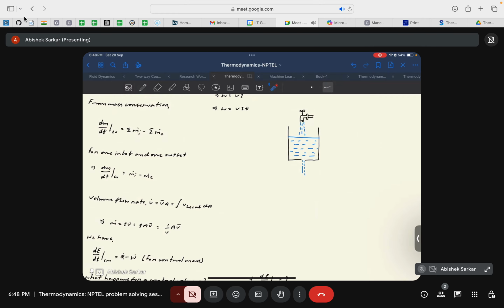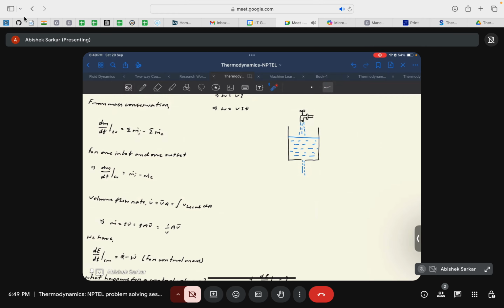So if Mi is greater than Me, this will become positive, and mass will grow inside the bucket. Similarly, vice versa, if the mass influx is lower than the mass outflux from the hole below the bucket, then Mi minus Me will be less than 0, so mass will reduce inside the bucket.